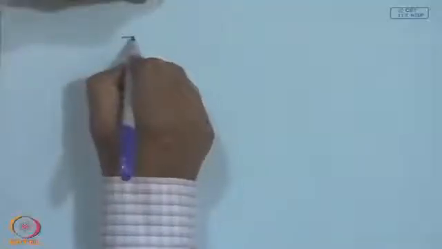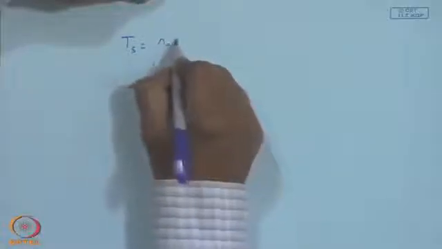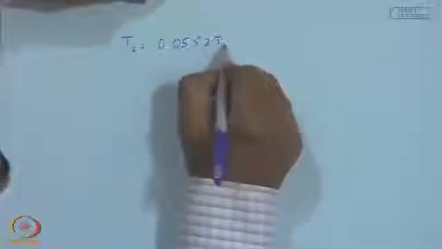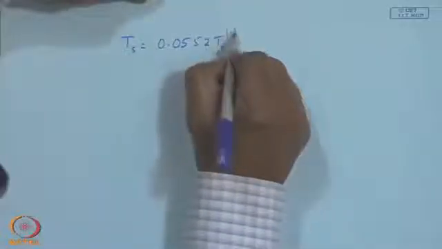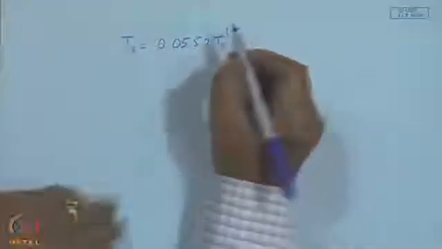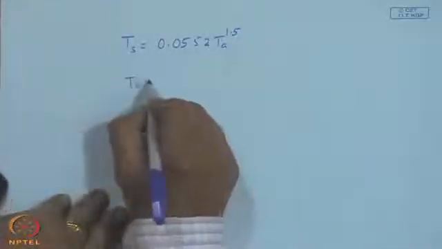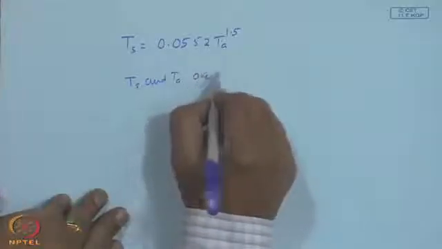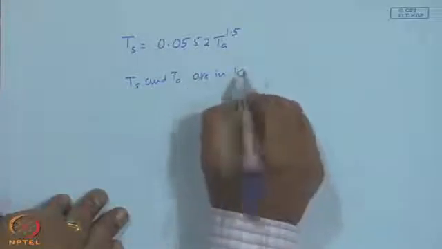Now, T s is given by 0.0552 T a to the power 1.5, where T s and T a are in Kelvin.